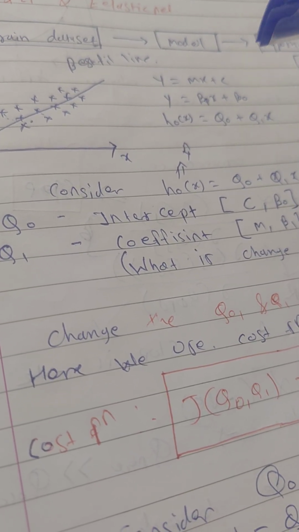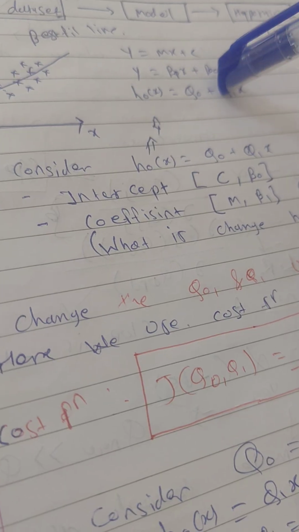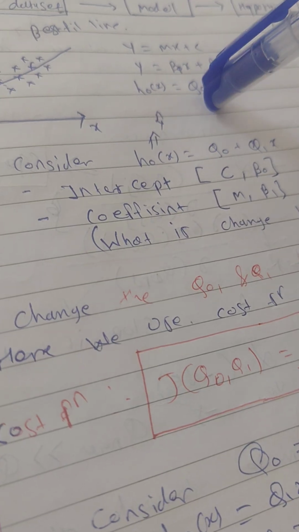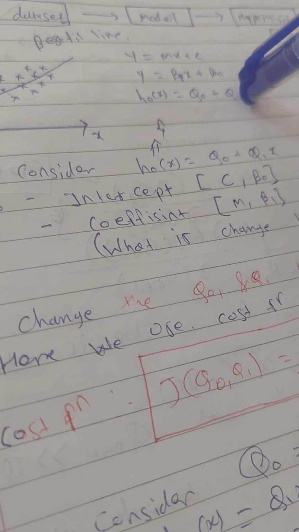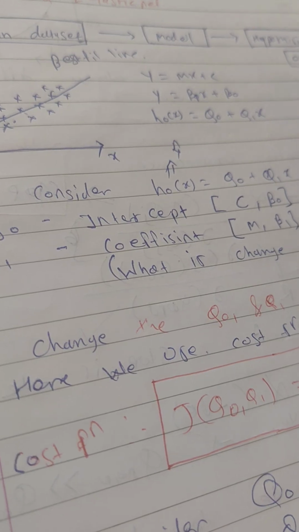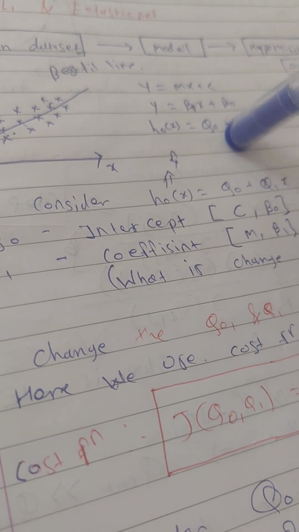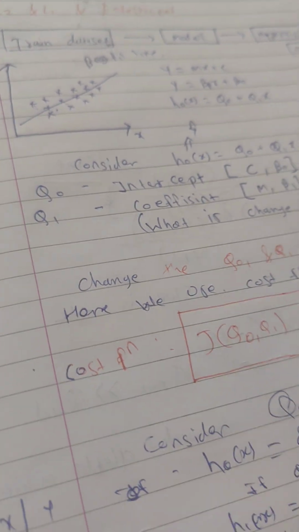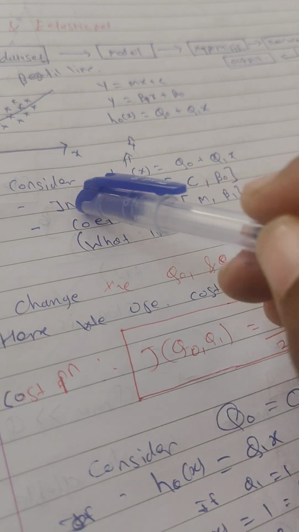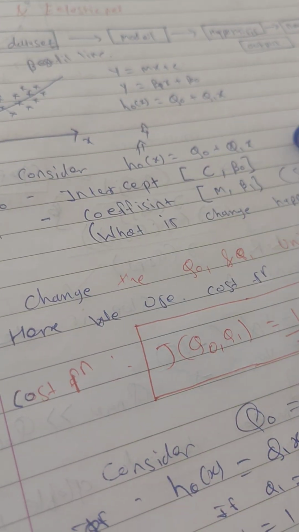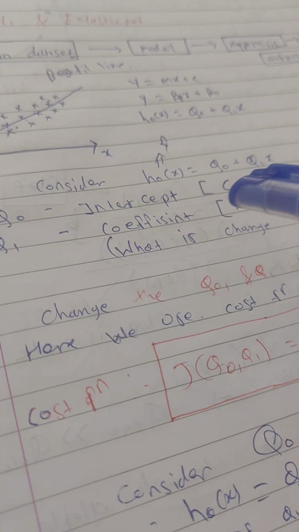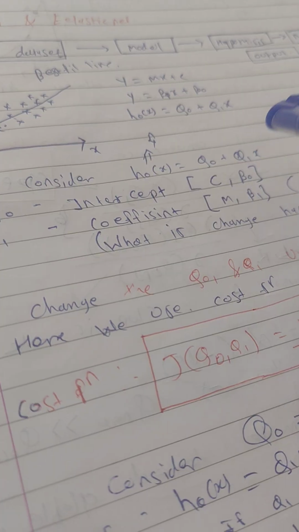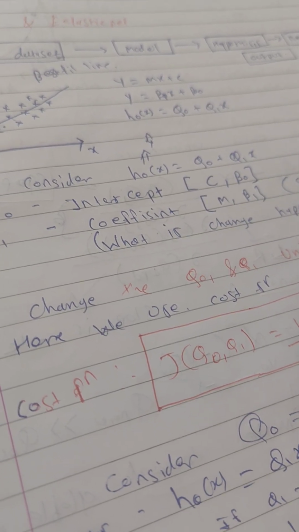This equation we also write as y equals beta 0 plus beta 1 into x. In hypothesis form we also write it as h of x equals theta 0 plus theta 1 into x.